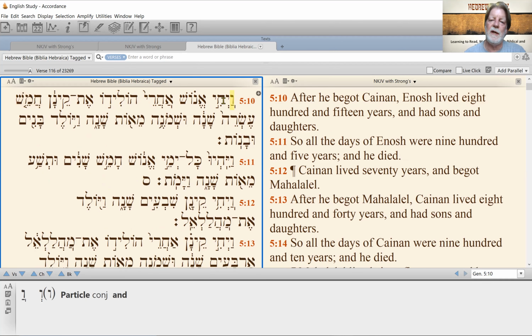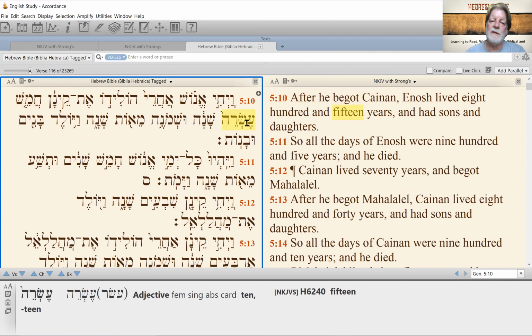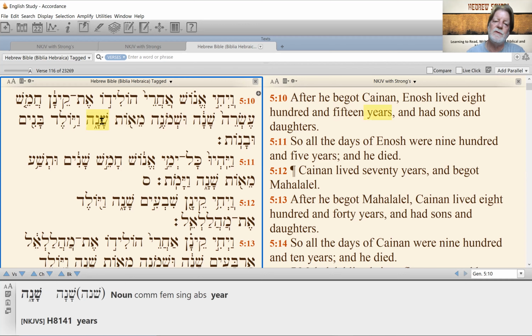Verse 10, Vayahi, and he lived, Enosh lived, Achare, after, Holido, after he caused to be born, Canaan, Chamesh, 5, Esrei, so 5 and 10, or 15 years, Shana, and Shmone, 8, Meot, 100, 800, Shana.